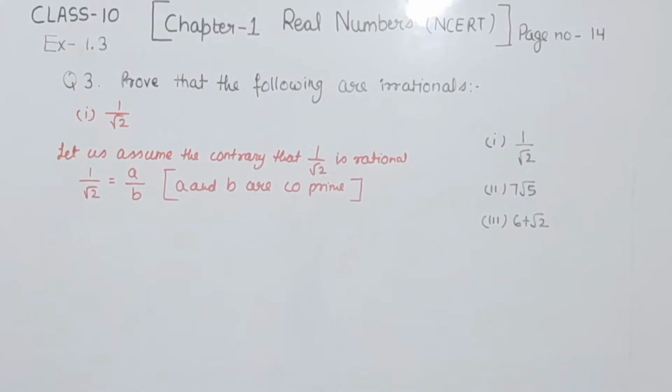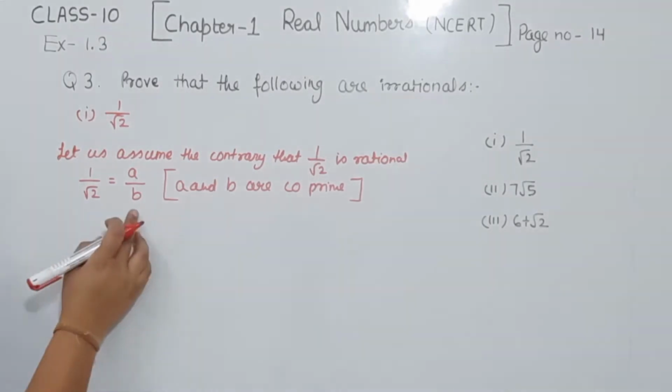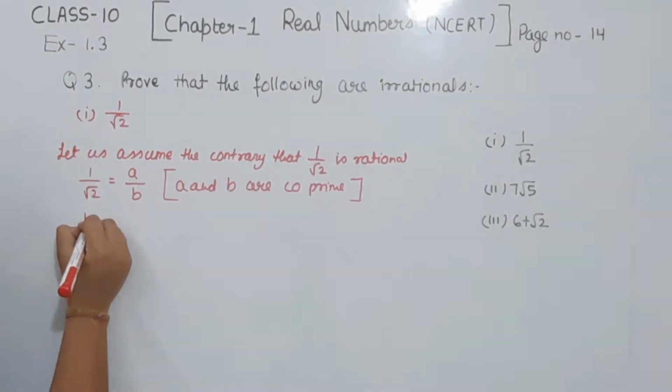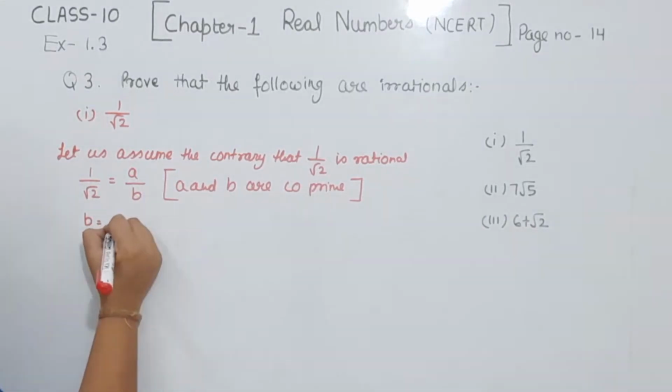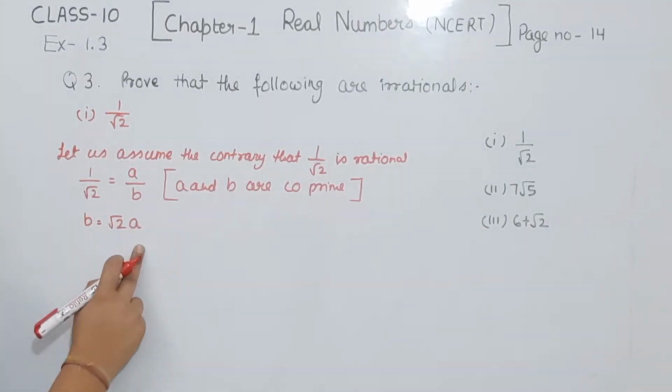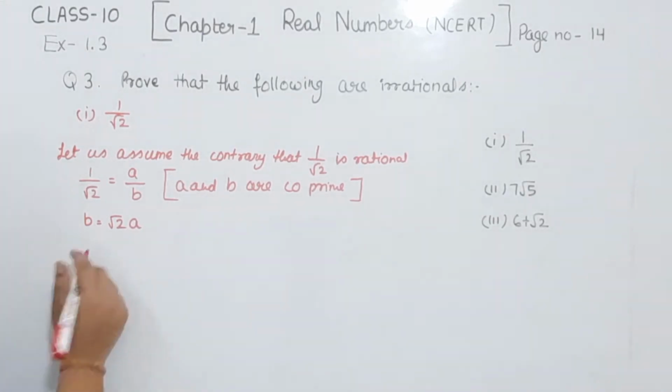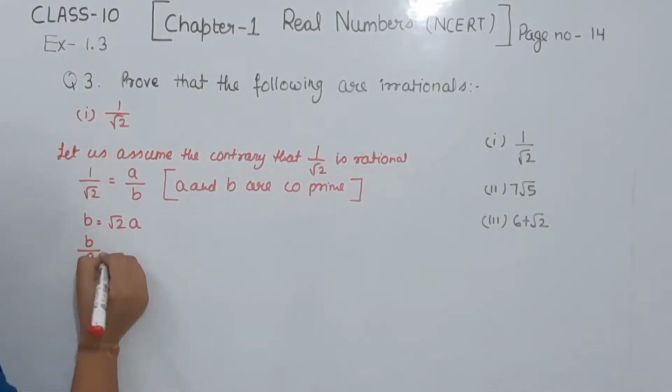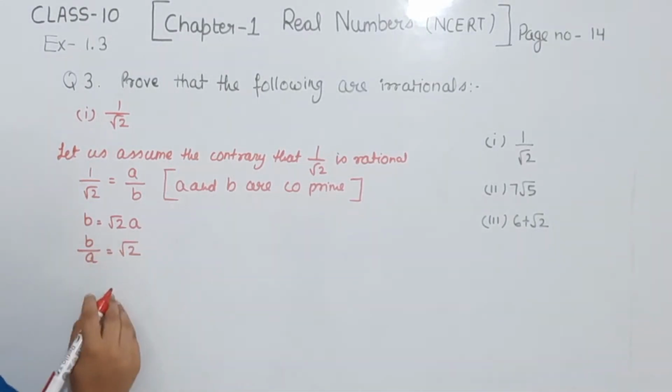Now we cross multiply. So b is equal to root 2 a. Now we transpose this a, so b by a is equal to root 2.